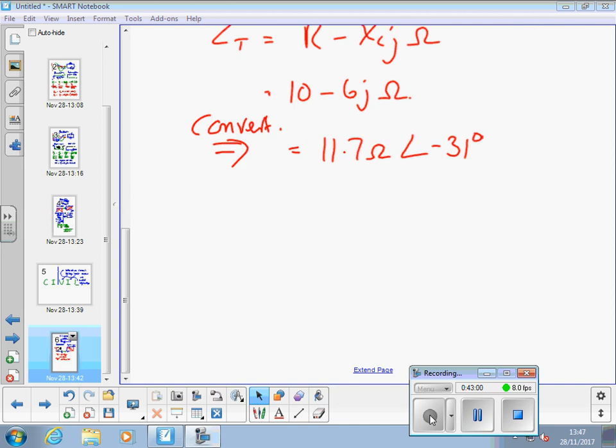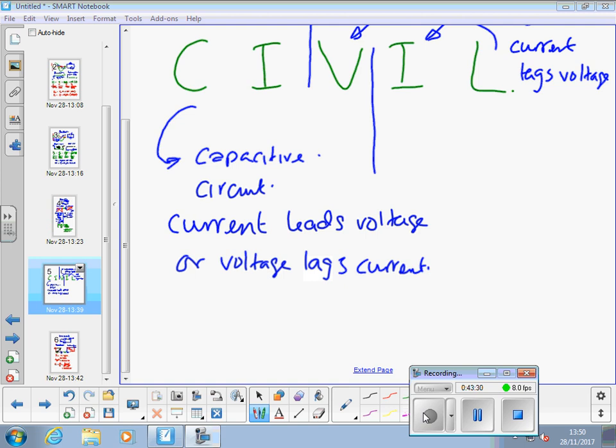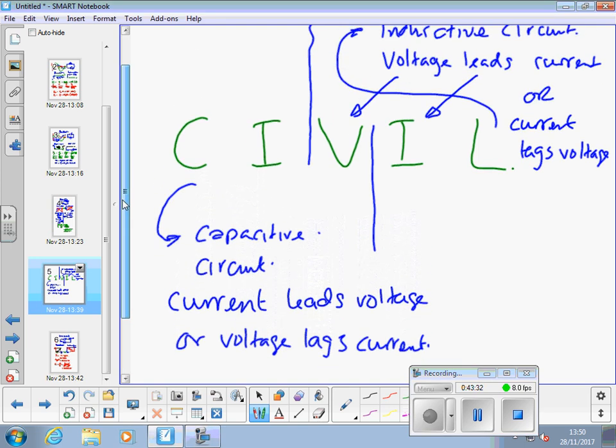So then we can go IT, the V over ZT. We'll go with the 24 volts we had before, specify it. Over 11.7, angle minus 31 degrees equals. So we can use that word CIVIL as a check.